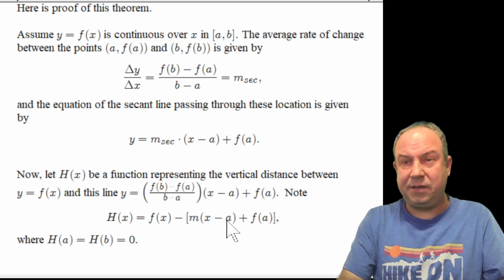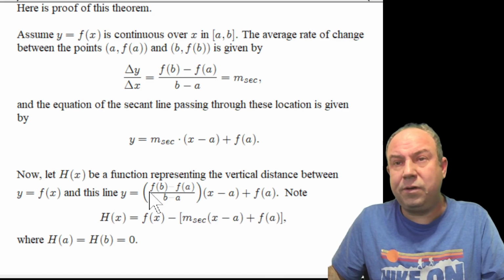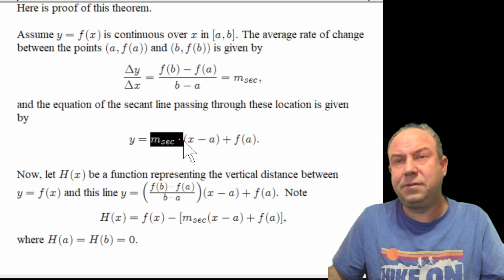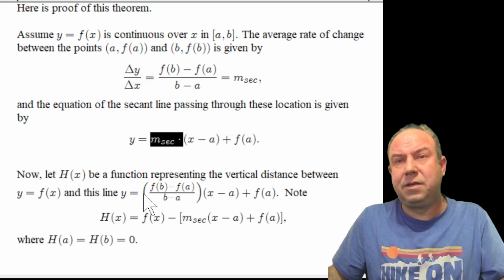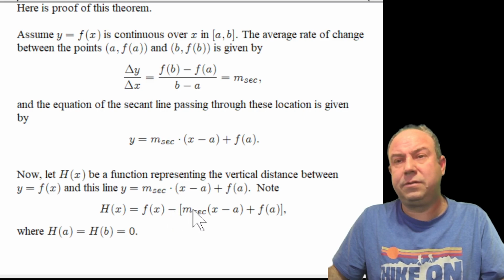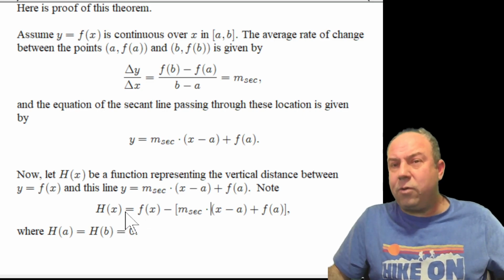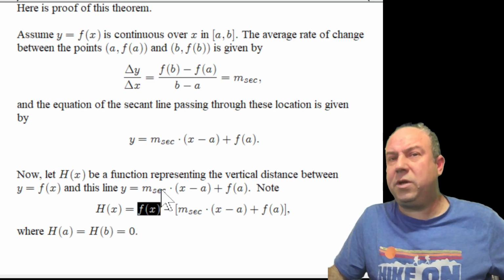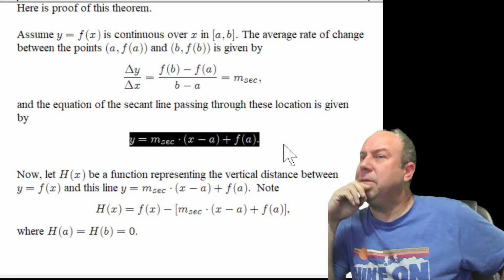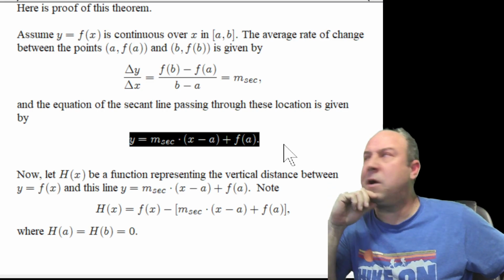We did just simplify that statement so it's not so bulky. Let me make those changes here. The value of h of x would be the difference between our function and the equation of the line that would be the secant line passing between our two endpoints.